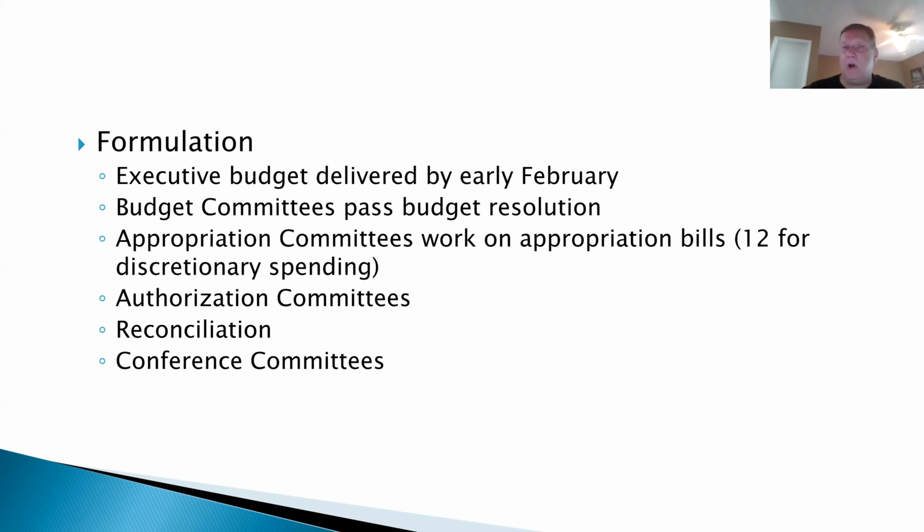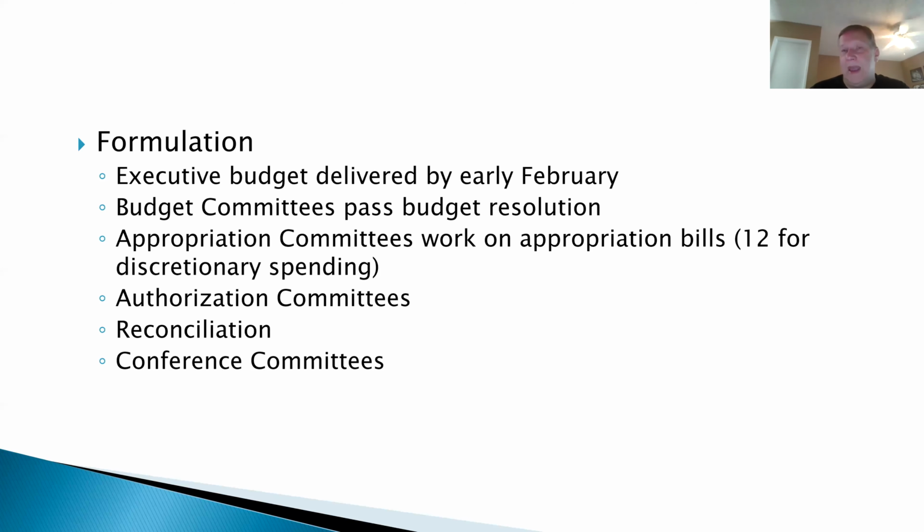So if the agriculture appropriation bill that's passed by the House exceeds the amount that's allowed to be spent under that concurrent resolution on the budget, we're going to have to fix that. The way we fix that is through a process known as reconciliation. We'll have to reconcile the appropriation bill with the amount of money that we authorized to be spent way back on April 15th. So that's one problem. So we'll have to go through a reconciliation process.